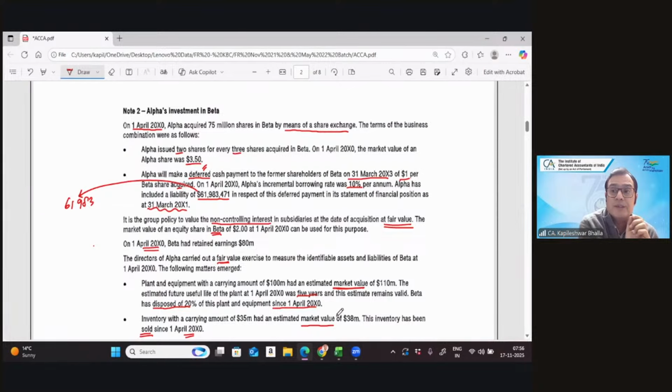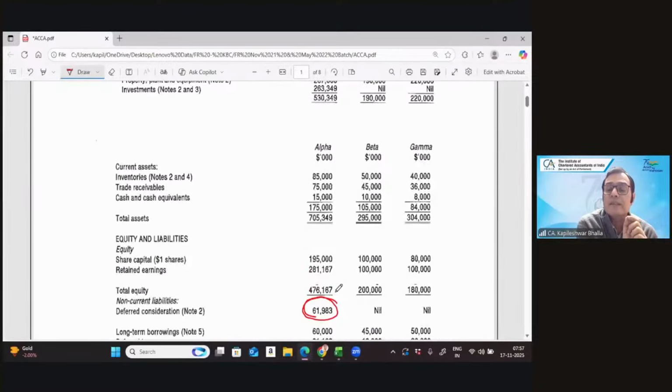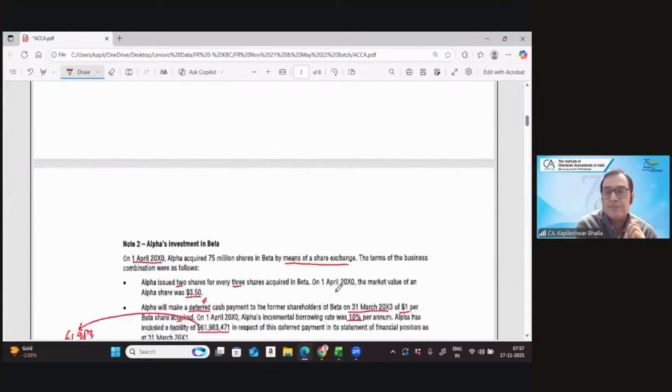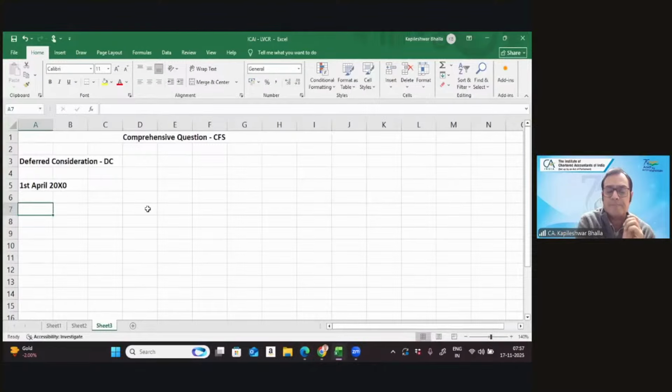Now we also need to consider that the balance sheet is all given in terms of thousands. So what would be 75 million shares in terms of thousands? We need to be very careful as we make the calculations as well.